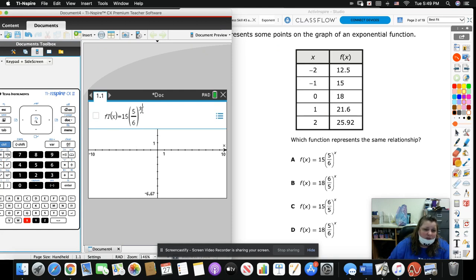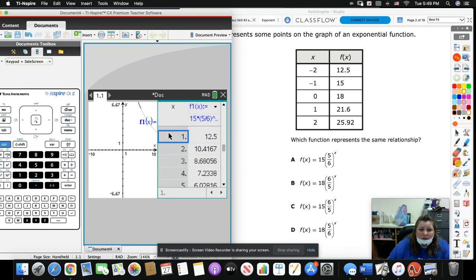The x is in the exponent. So here's my graph, and I'm matching it to this table. I can hit Control T, and then I go up to -2, and that is not 12.5. -1 is not 15. 0 is not 18. It doesn't match my table.